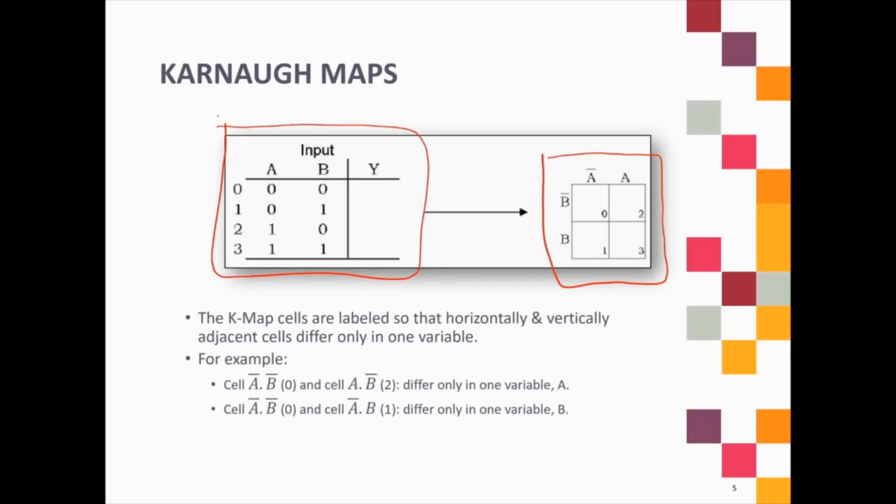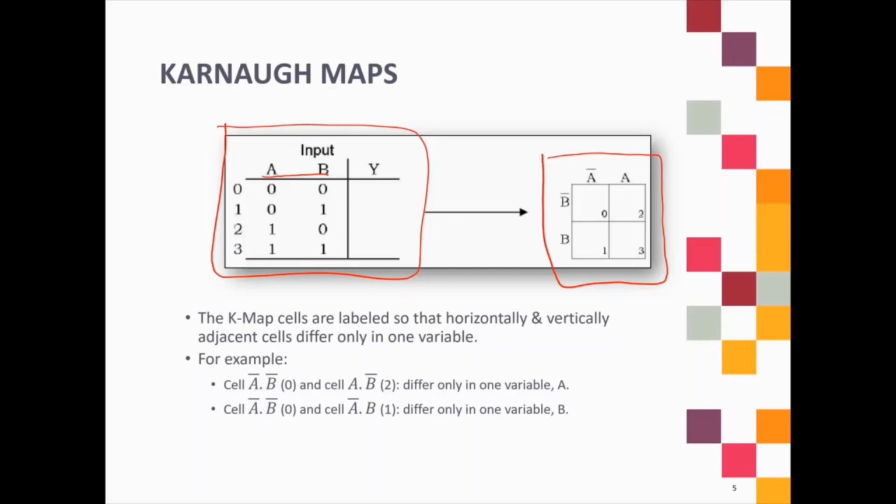So as I mentioned earlier, a cell in the K-map contains the same information as your truth table. If you refer to this truth table, you have 2 variables, A and B, and this is the value, and each combination will represent 1 decimal number, starting with 0, 1, 2, and 3. Each combination also represents a product term.